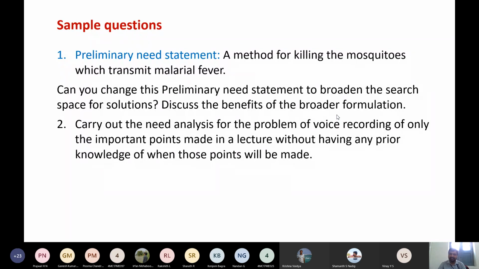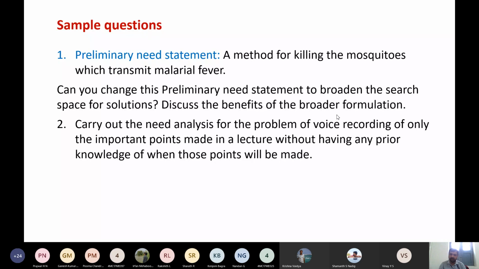Here it is not a problem with the lecture. The lecturer will deliver the lecture as usual, but as one who is taking a business idea out of this need, you have to identify how you can segregate the important points from a lecture.